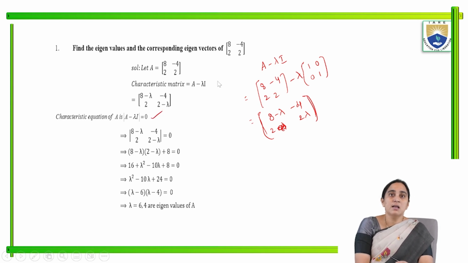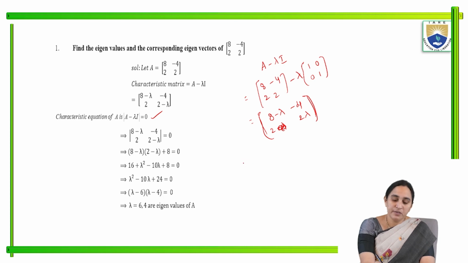Since it is a simple 2 by 2 matrix, we take the cross multiplication: (8 minus lambda)(2 minus lambda) minus (-4)(2) is equal to 0.